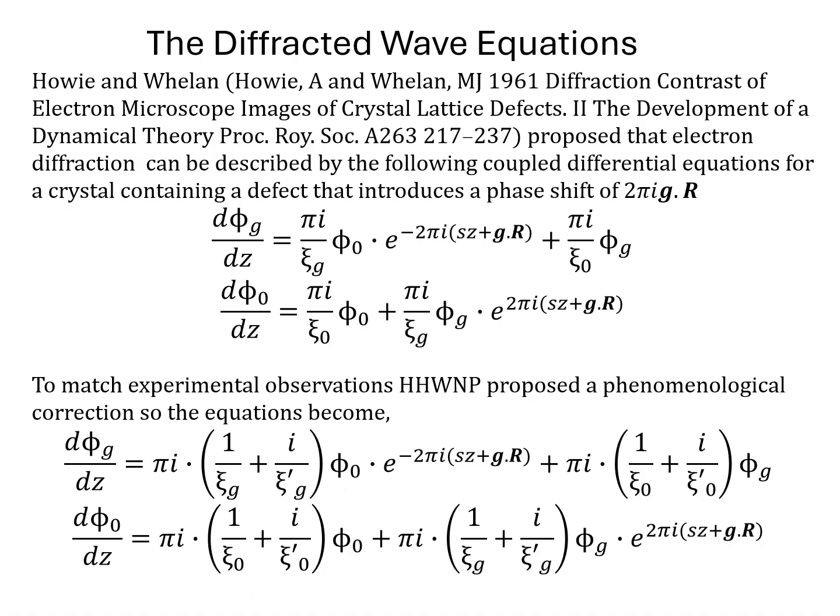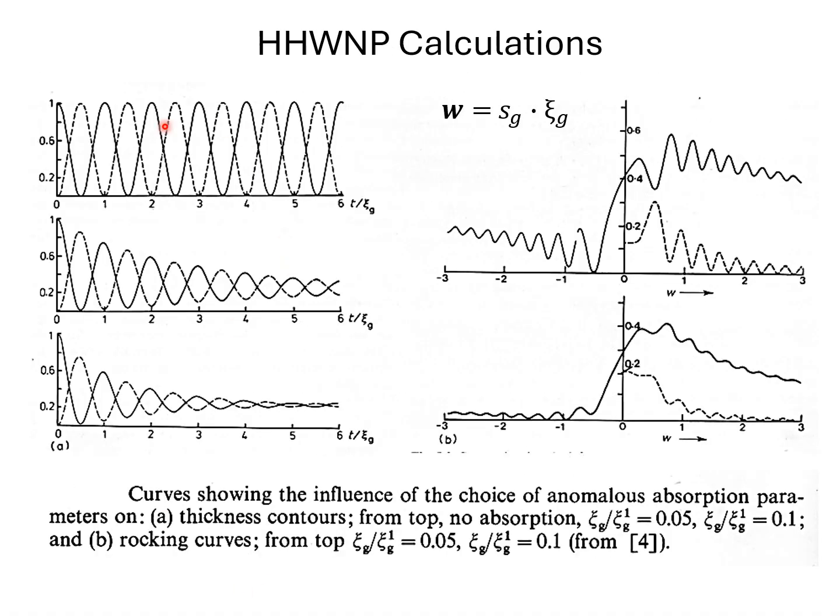And what are we talking about? What's observed is the variation in the intensity as you go down the crystal for different combinations of these extinction distances, and also the variation as one moves between S positive and S negative. So, and this is directly from Hirsch, Howie, Whelan, Nicholson, and Pashley.